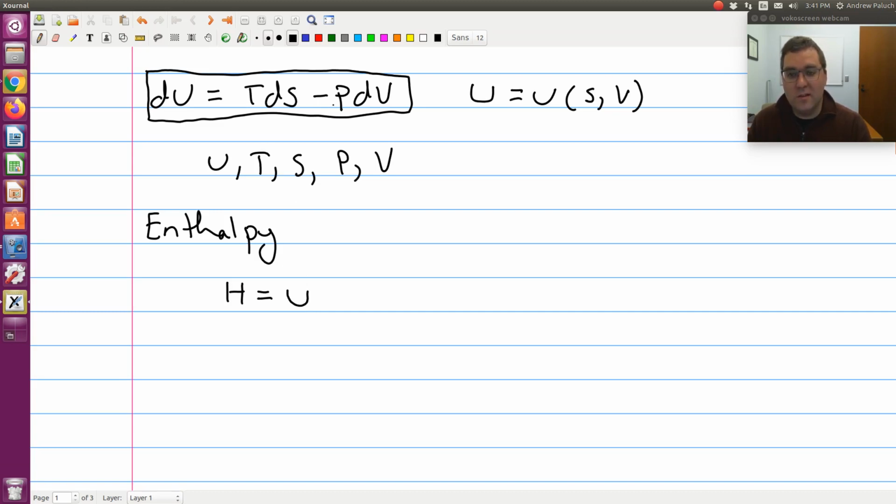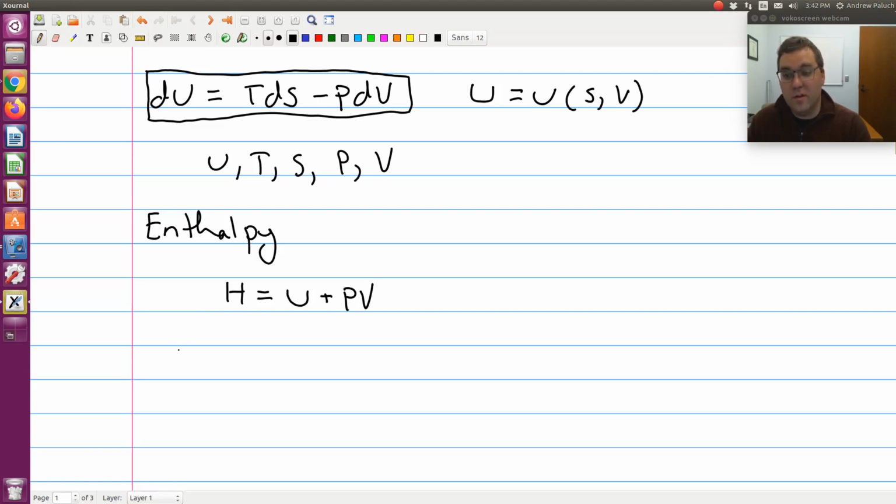The sign is opposite of that conjugate pair as it appears here. So I have a negative PdV, and so I'm going to add to U the term PV. I've just defined a new quantity, H, enthalpy, as being equal to U plus PV.